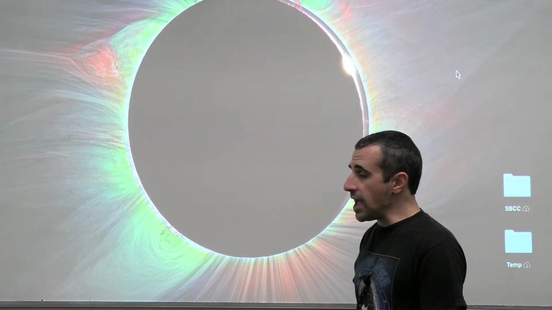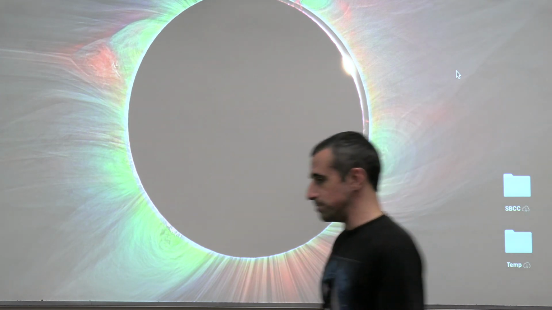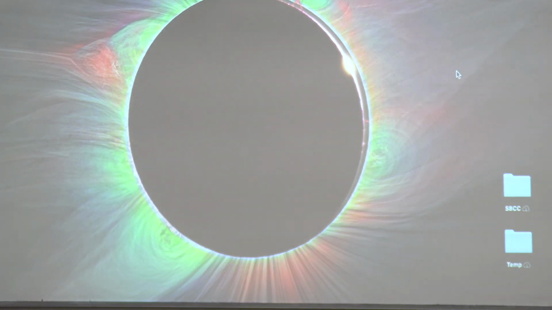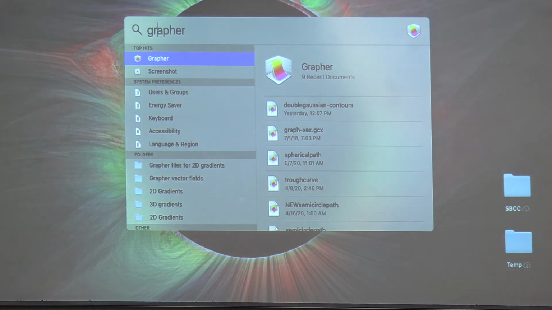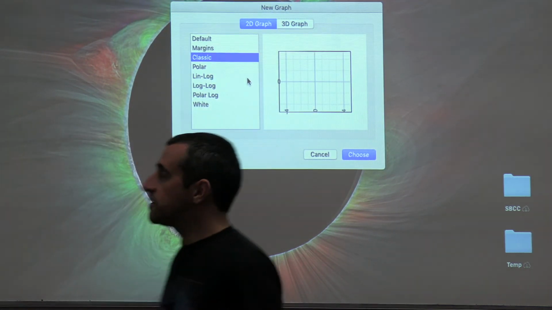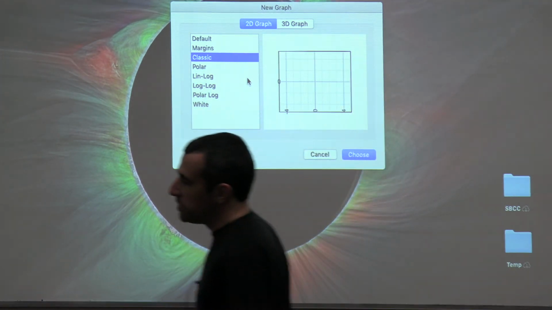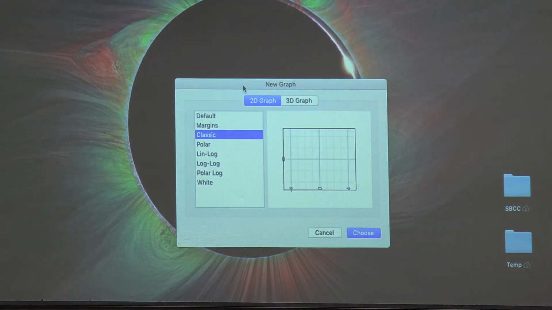Now, I'm going to go ahead and open up the grapher app and plot that equation, z equals x squared plus y squared. So first thing I'm going to do, just to show you how to find it, you go to the Spotlight search, open up the Spotlight search and type in grapher. And there you go. Just press enter. It opens up the grapher app. And when it opens up this window here, you get a choice between a 2D graph and a 3D graph.